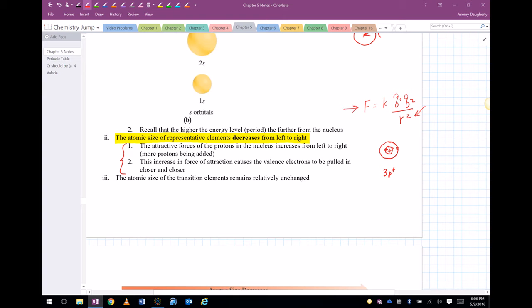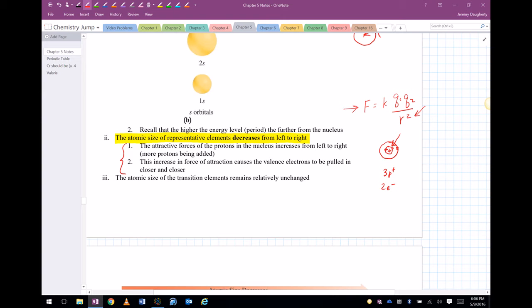Now, the shielding electrons shield the valence electrons from the nucleus. So those 3 protons are being shielded by 2 electrons.